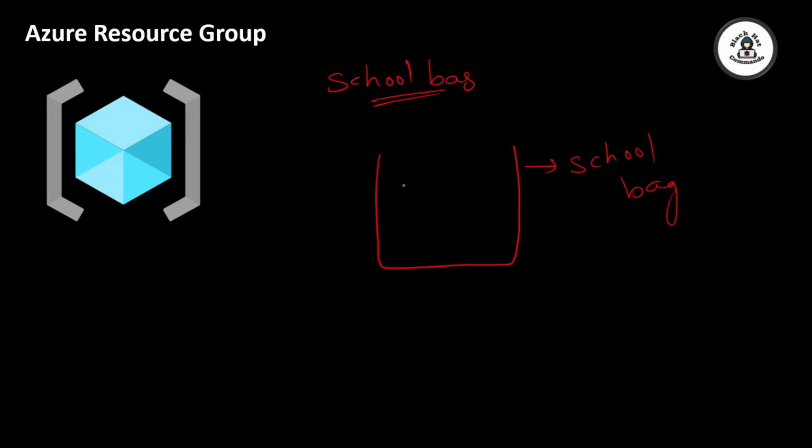Inside this bag, you are going to keep different kinds of things. What are those? Books, stationery, a lunch box or break box, and other things, whatever you require, like a water bottle.